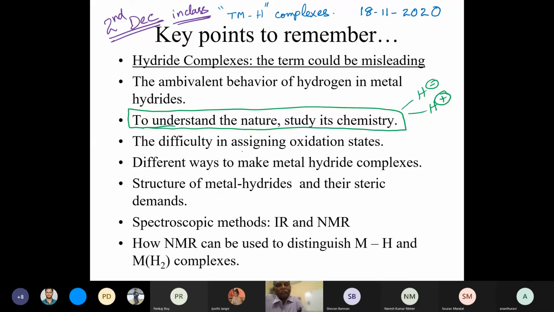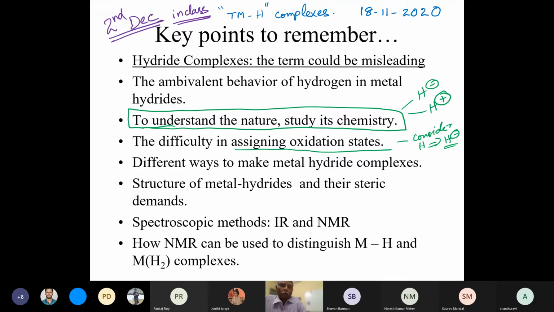So there is a difficulty in assigning oxidation states, because if you consider it as H minus, it's going to have a different oxidation state. H plus will be a different oxidation state. To avoid the confusion, we will uniformly consider hydrogen as H minus. That's the way we consider it.